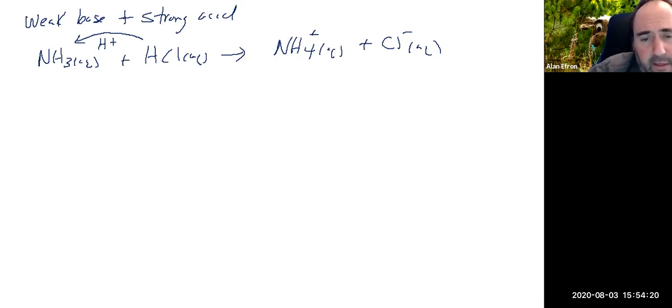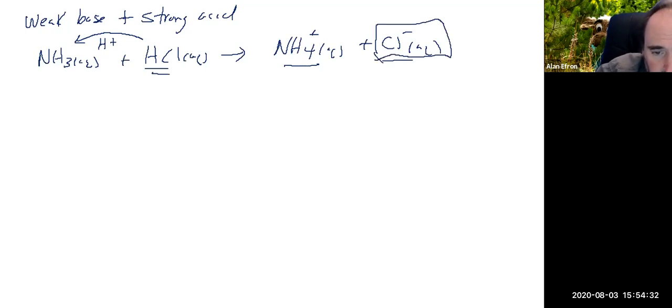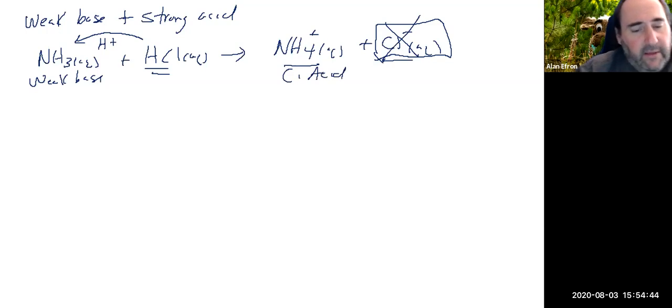Now, when we look at these parts of the salt, which is really ammonium chloride, we see a couple of things. First off, we see the Cl minus, like we saw previously, obviously came from HCl, not going to affect the pH, going to be neutral. But our NH4 plus did come from this weak base, which means this conjugate acid here is going to be relatively strong, which means it will go through hydrolysis.